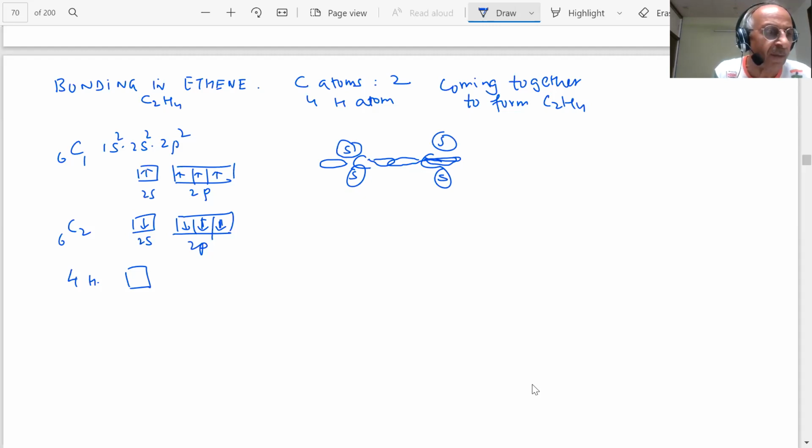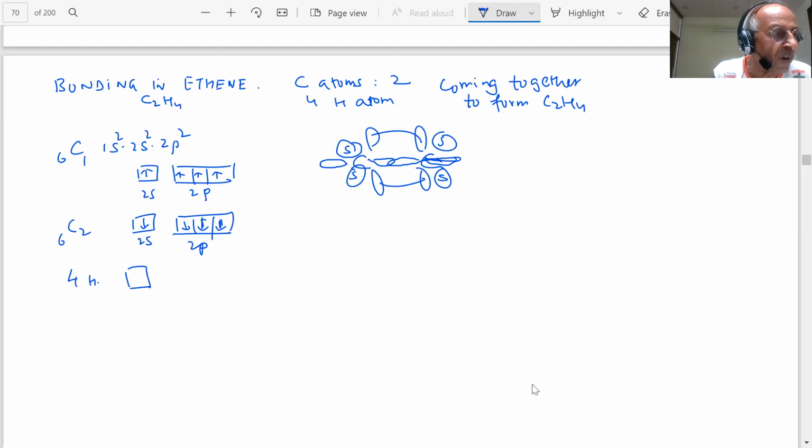But after that, what will happen? How many are used? Two hydrogens and one carbon. One electron will be left on each carbon, and these will be of parallel spin. So what will they form? That will be a pi bond.